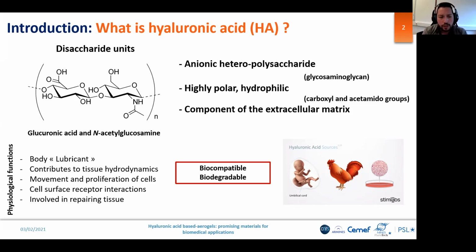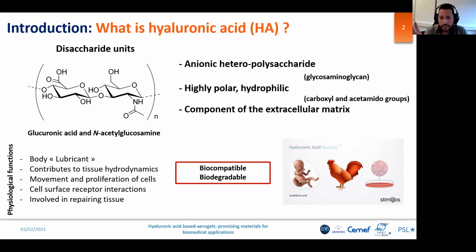The hyaluronic acid also has a very important physiological function, like a body lubricant. It is also important in the hydrodynamics of the tissue, the movement and proliferation of cells, and helping in the cell surface receptors.